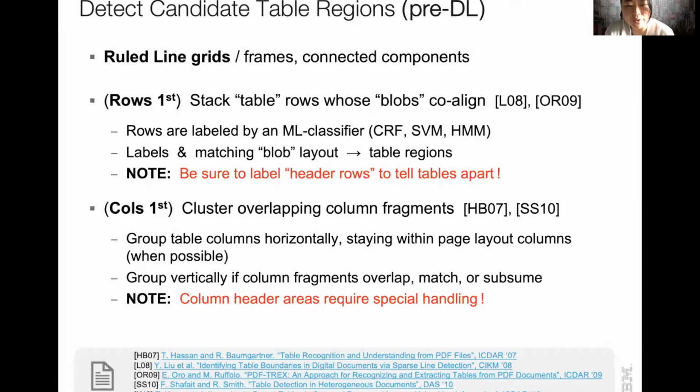And then for the column-first method, you can first cluster the overlapping column fragments, and then you can group the table columns horizontally and stay within the page layout columns whenever possible. And you group them if the fragments overlap, match, or subsume. But in both cases, the header areas can require special handling because they do look a little bit different from the rest of the table.